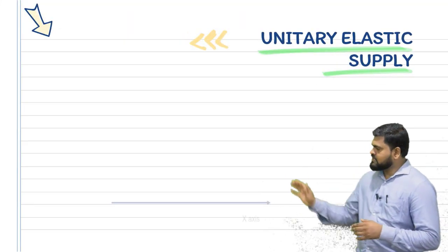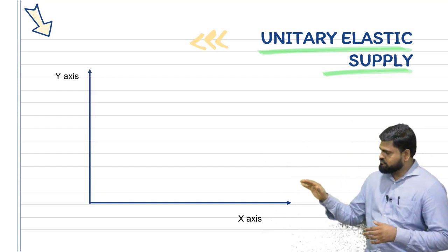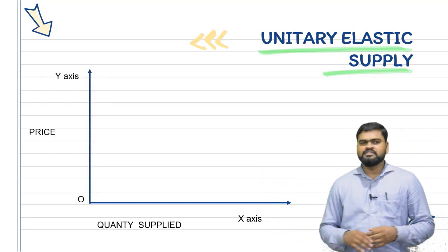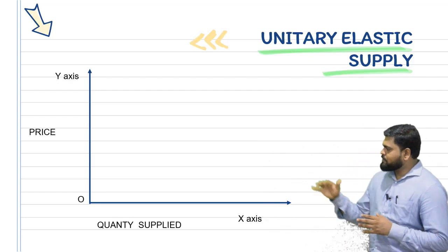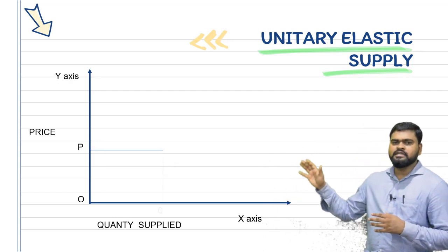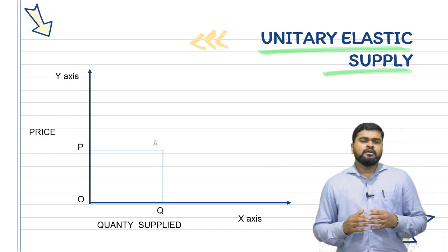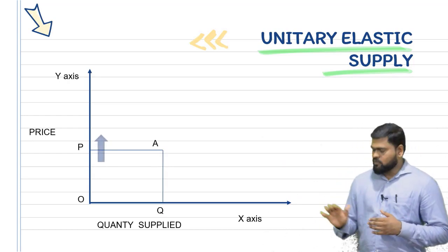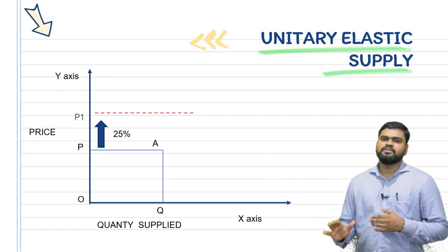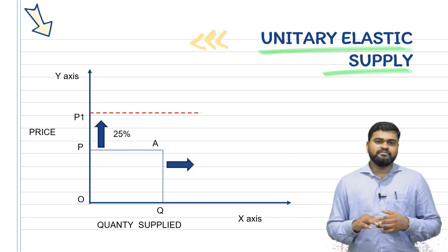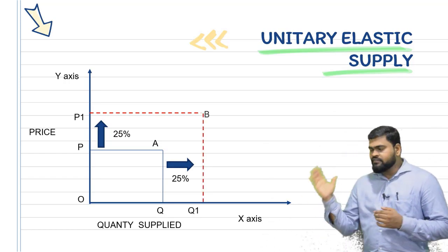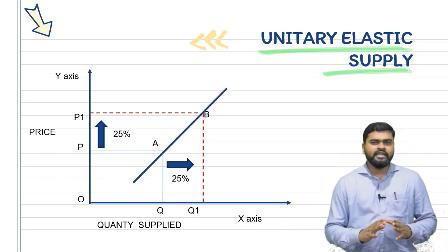We have x-axis, we have y-axis, we have 0. On x-axis we denote quantity supply, on y-axis we denote price. OP is the price, OQ is the quantity supply at point A. When price increases or decreases by 25%, quantity supply also increases or decreases by 25%, which clearly says that percentage change in price is equal to the percentage change in quantity supply.